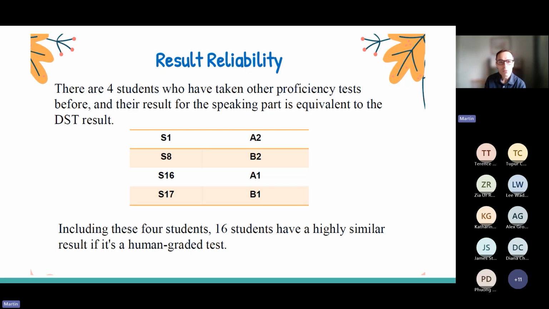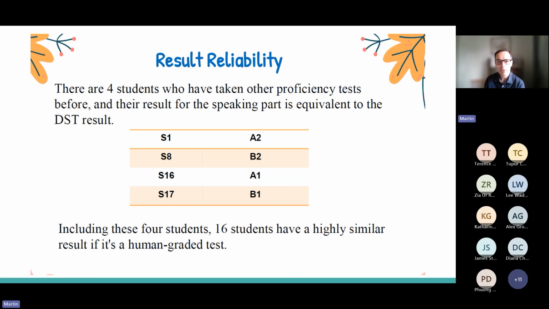I think we know there was a certain amount of skepticism from some of the human markers before we introduced them to the dynamic speaking test, and I think we all have some skepticism about what AI can do, because we do know there are areas in which AI can do some strange things.